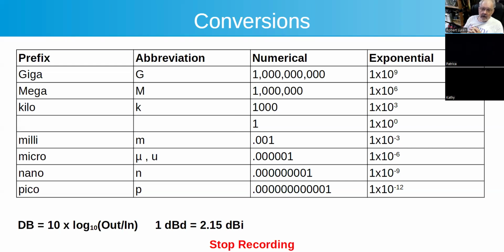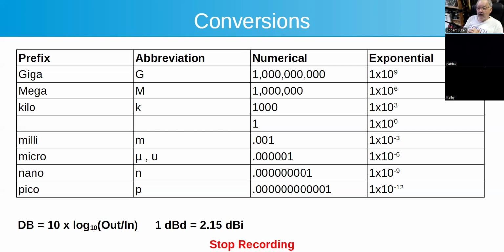The exception there is kilo, which we use a small k, and I can't explain why, because the other ones, mega and giga, are all capital letters. When we get to the numbers less than 1, they're all lowercase, and kilo is the exception. There's kind of a tricky question you might get about that one, so that's one to remember.